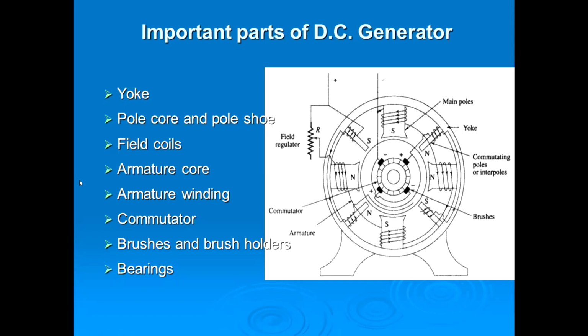In the center we have the armature core. The windings you place on the armature are the armature winding. Next we have a commutator, which is in between the armature and the brushes, and there are brushes and brush holders, and bearings are for smooth rotation. Am I clear up to now?